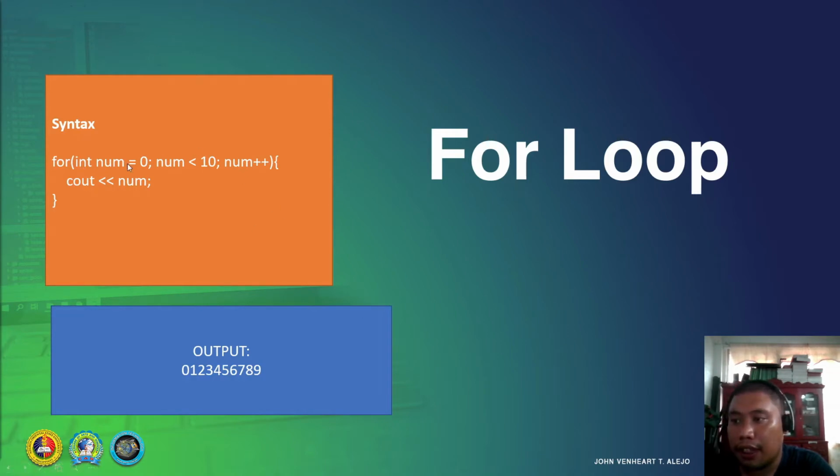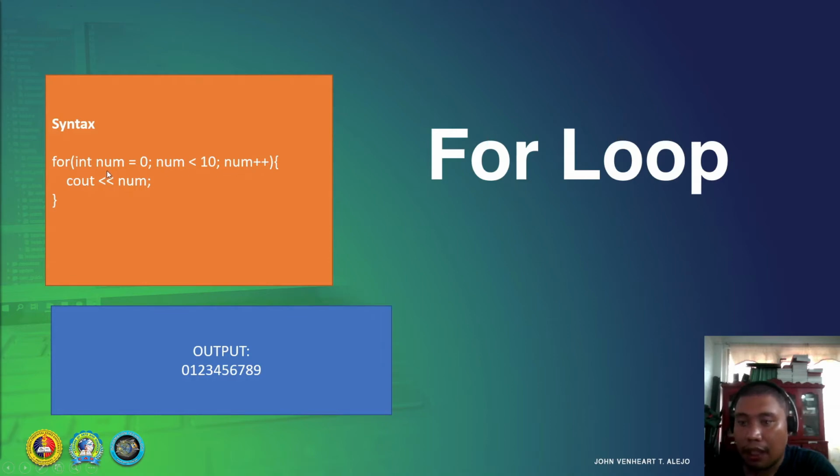The first is the variable that holds the initial value, followed by a semicolon that serves as a separator. This one is the condition. Comparing it to the while loop, in that one you only have the condition, but the for loop inside the left and right parentheses has three arguments.